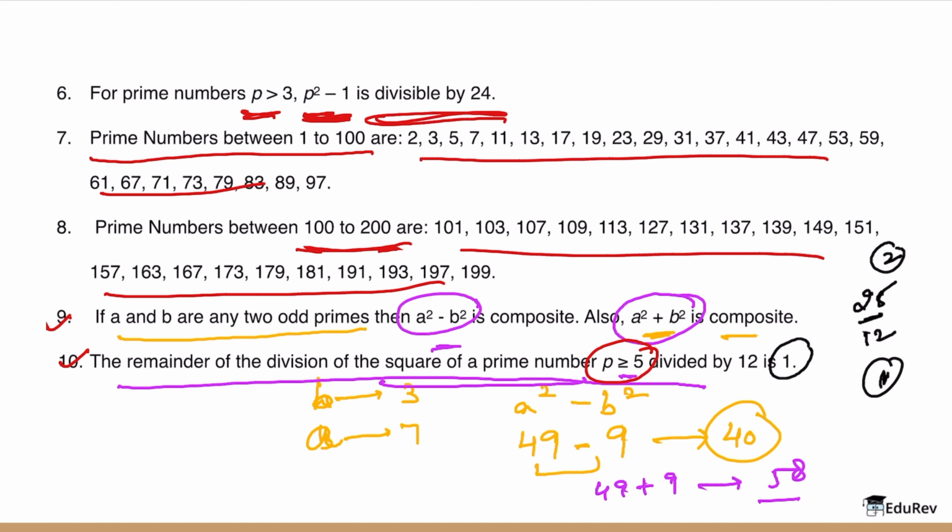So I hope you understood what a prime number is and some of the properties of prime numbers which I have told you. Now why these properties are important is because suppose you have learned the prime numbers between 1 to 100.